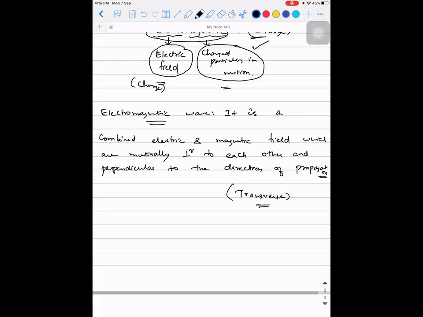Is it clear till here, guys? I just gave you the definition. I'll give you the explanation, don't worry. Is the definition part clear? I hope you guys are able to visualize what exactly a transverse wave means.